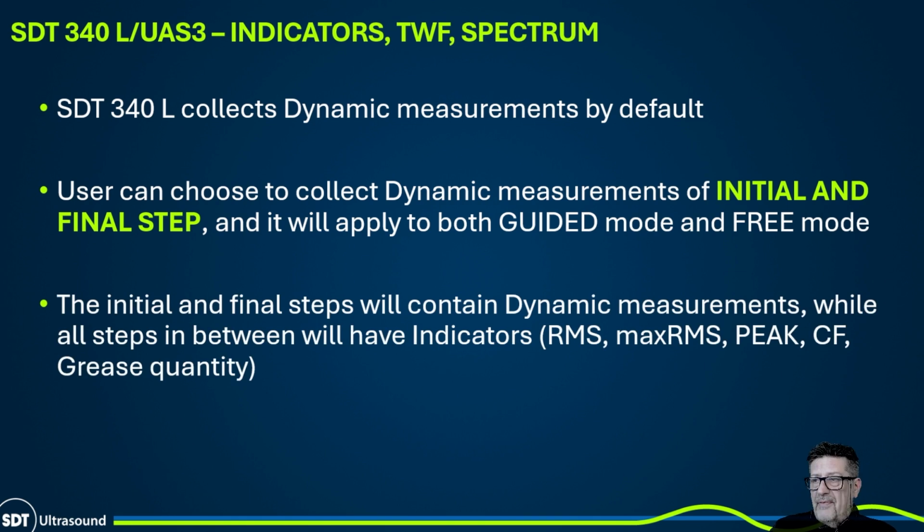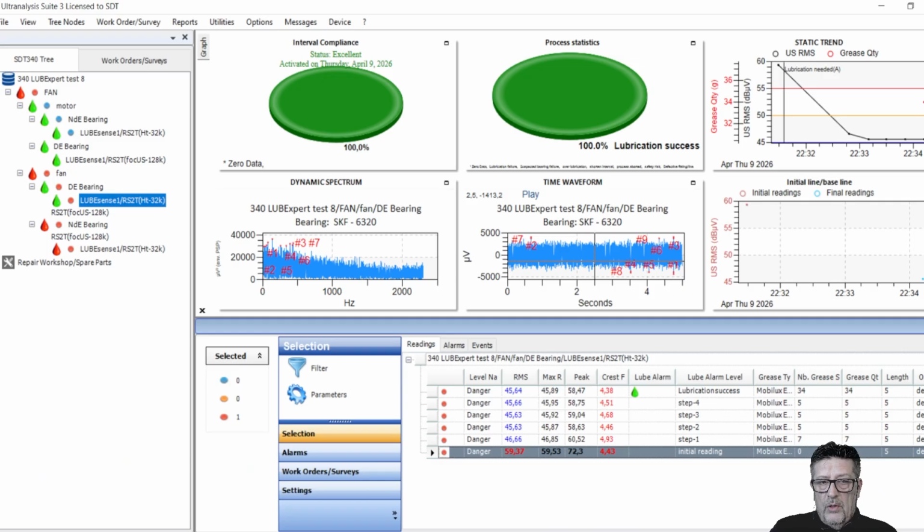The initial and final steps will contain dynamic measurement, while all the steps in between during the lubrication process will contain indicators, RMS max, RMS peak, and crest factor, therefore creating a trend during the lubrication process, as you can see in this screenshot from the software. So you can see the initial measurement, the first one, contains time waveform and spectrum.